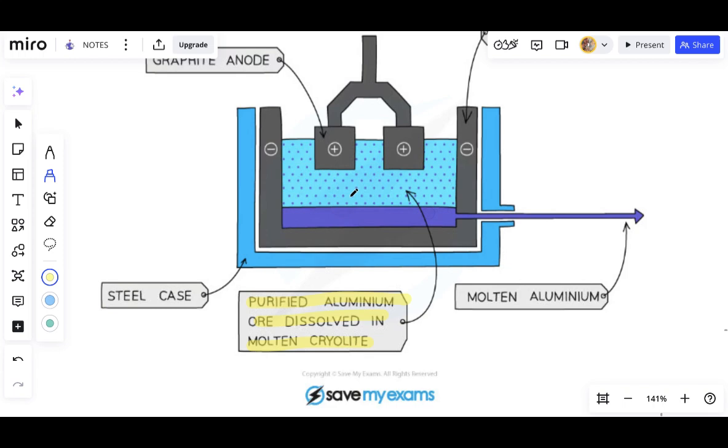Is that okay? So once dissolved, it will ionize into ions. The ions you will find are aluminum ion, Al3 plus, and oxygen ion, O2 minus.